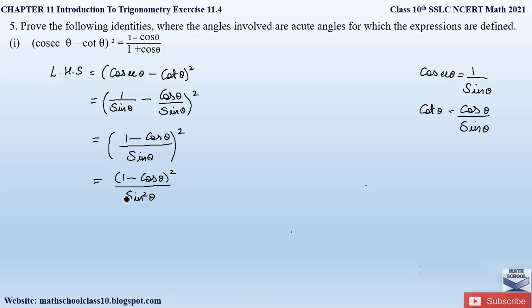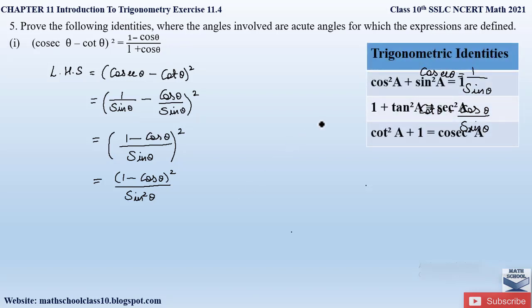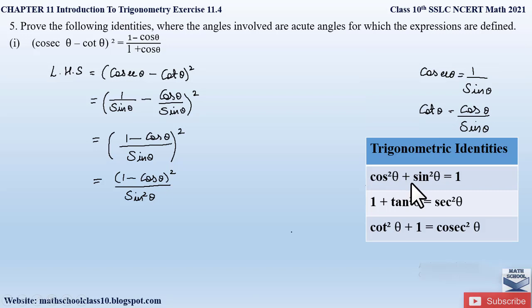So how do we convert sin square theta to 1 plus cos theta? For that we can apply the identity which we already know, that cos square theta plus sin square theta is equal to 1.